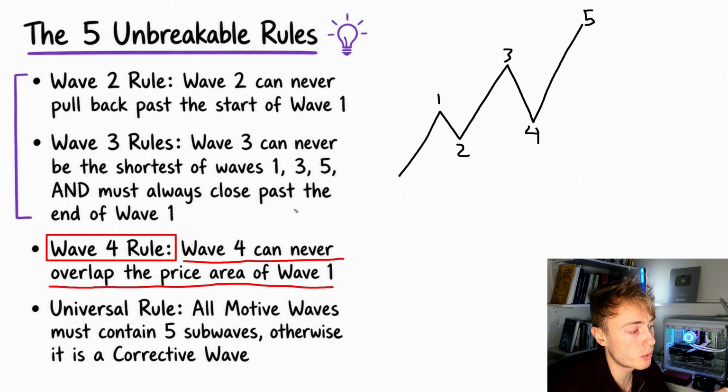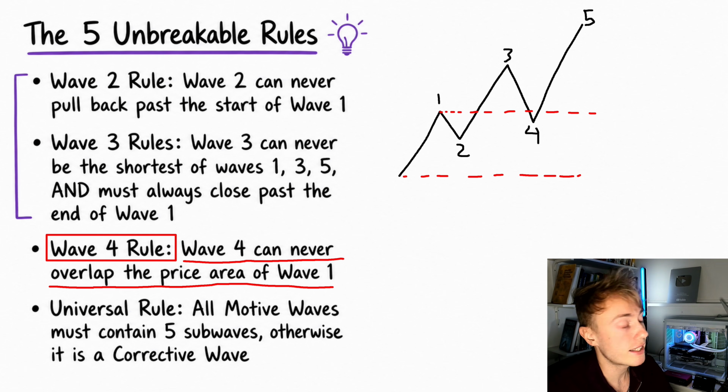And this rule for wave 4 simply states that wave 4 can never overlap the price area of wave 1. And what do I mean by this? Well, the price area of wave 1 is from the high to the low of wave 1, and we cannot see wave 4 going inside this area.